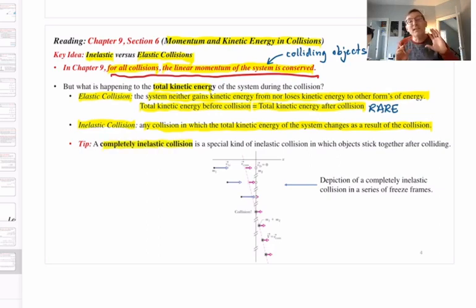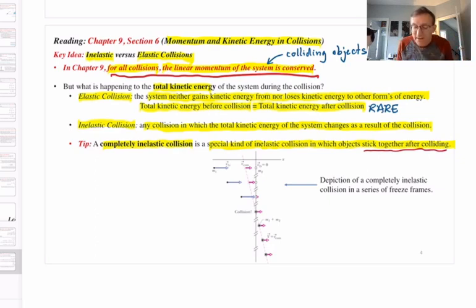It is the most inelastic kind of inelastic collision there is. It's a special kind of inelastic collision in which the objects stick together after colliding and move as one blob. That's said to be a completely inelastic collision. You can't get more inelastic than that.